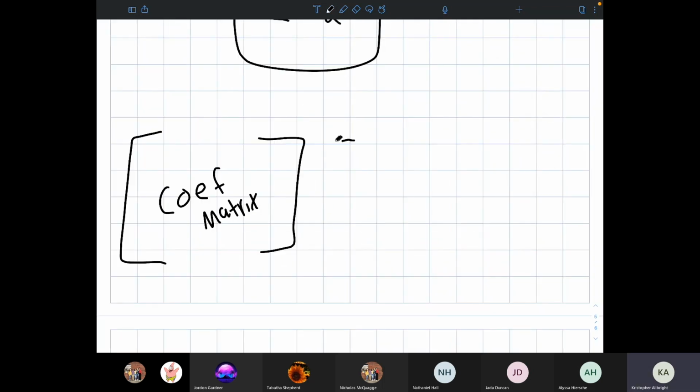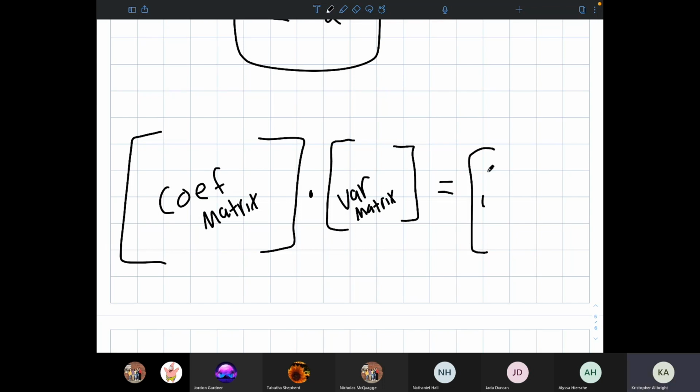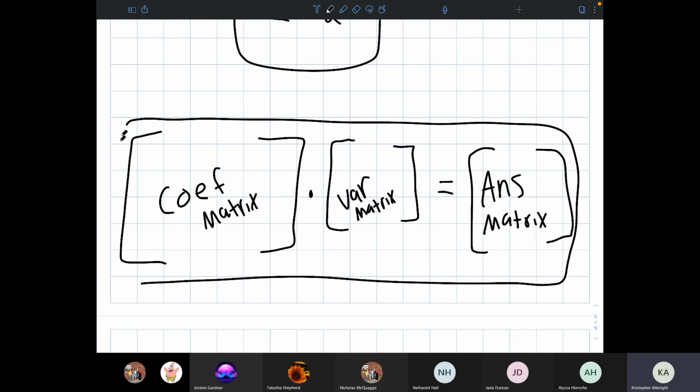We need a variable matrix, and then an answer matrix. That's the format you're after. We're not going to do number 2, or I'm not going to do it. But this is the format you're going to use when you set it up. And then you're just going to plug it directly into the calculator. It wants you to use Desmos, but I think Symbolab works a little easier.